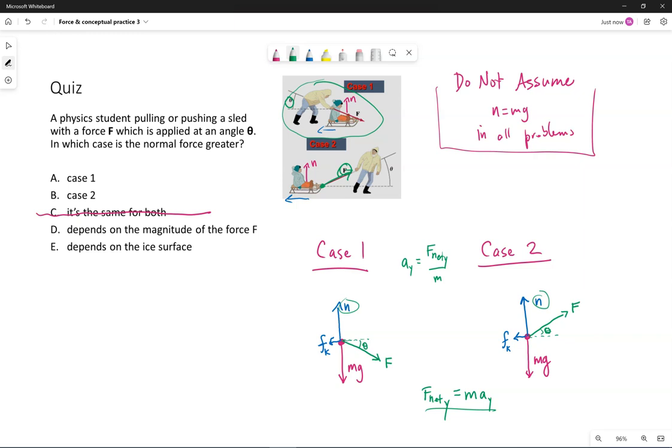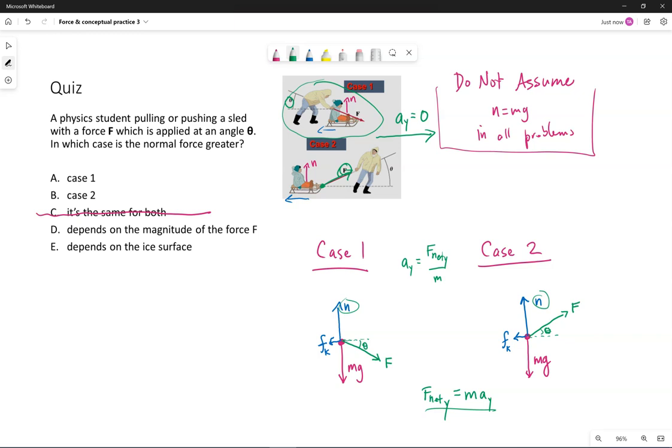In either case, that push or pull is going to make the child continue to move horizontally along the snow. So the acceleration specifically up and down in the y direction is 0. Because if there's an acceleration in the y direction, that means the velocity has to be changing in the y direction.